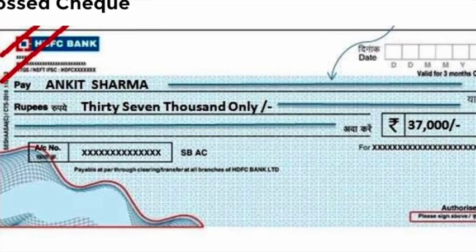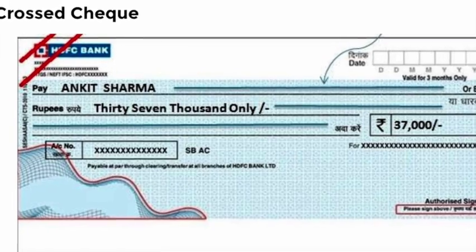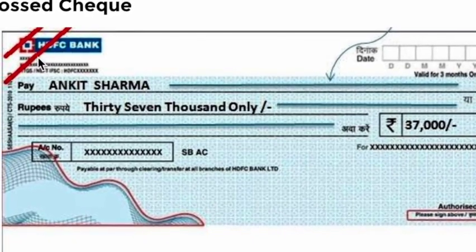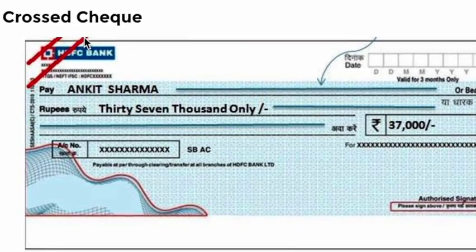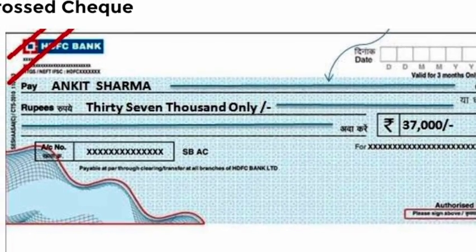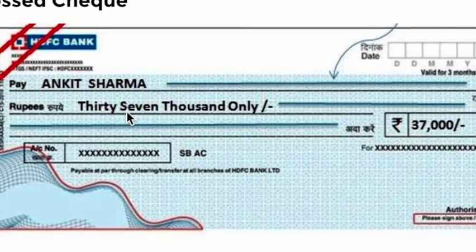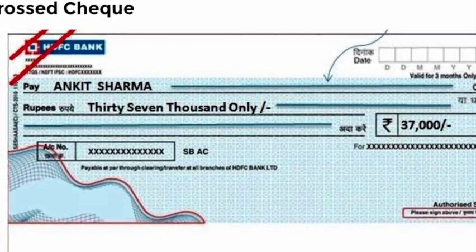Right? Understand the meaning of the cross check. Cross checks are to be deposited only in the payee's account. Like here, if you just draw these two lines in the left corner of the check, as shown here in the image, you have specified that only Mr. Ankit Sharma should be paid this amount.